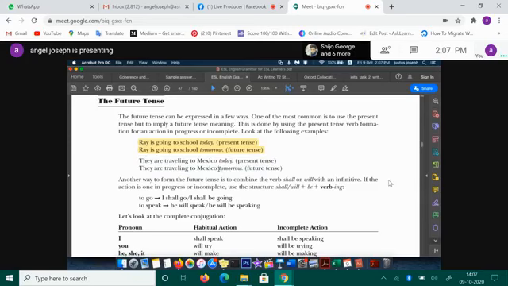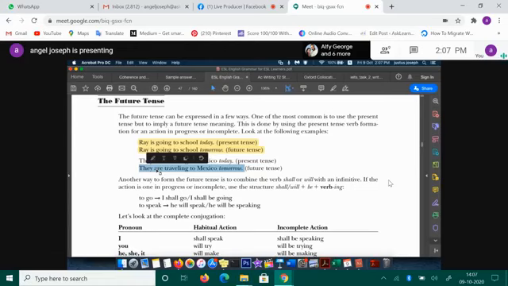Just because we are using tomorrow, even though the first part of the sentence was in present continuous, if you look at the whole sentence, this is now implying the future tense.